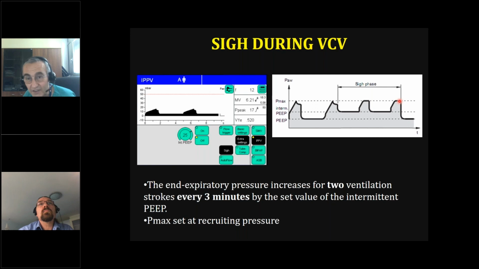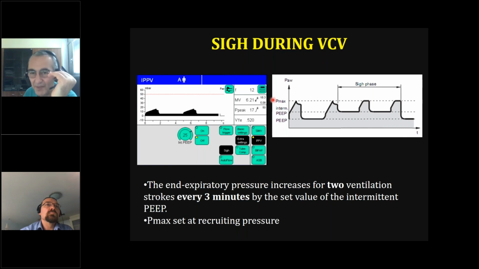In order, be careful now, I know it's tricky, in order to avoid that the pressure of the ventilatory cycle goes above 40, I set my P max level 5 centimeter over my limit, meaning P max at 45.